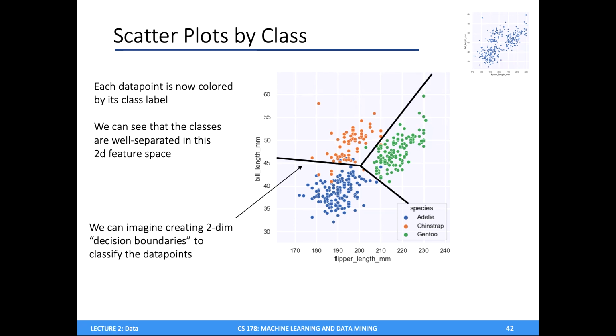You can imagine drawing a line that separates these classes very well. This is exactly what we'd like to do in a classification problem, right? We would like to look at some kind of input features and somehow separate the classes based on those. And in this class, we'll see lots of algorithmic and automatic ways that you can create these decision boundaries.